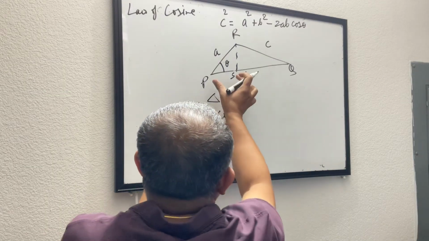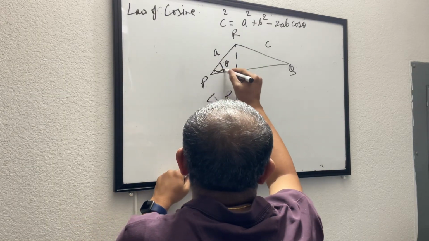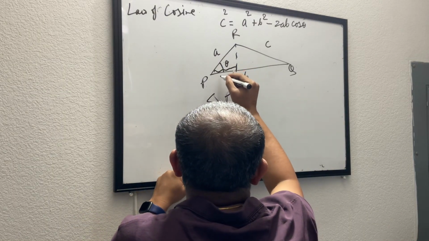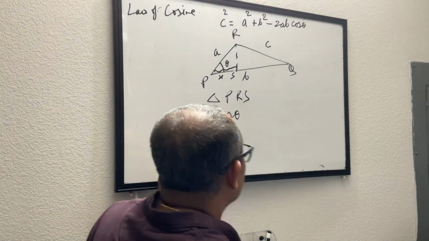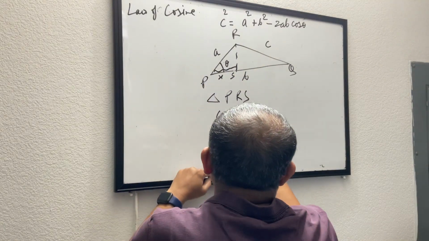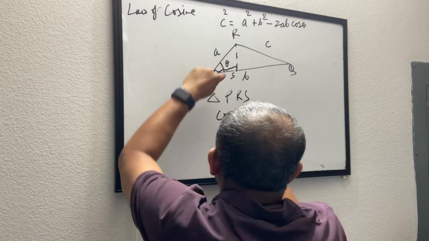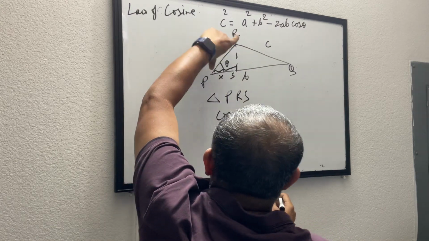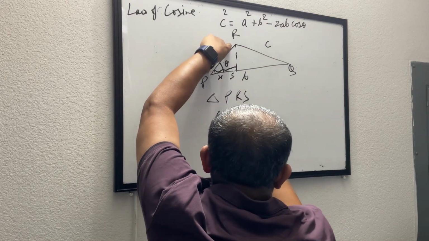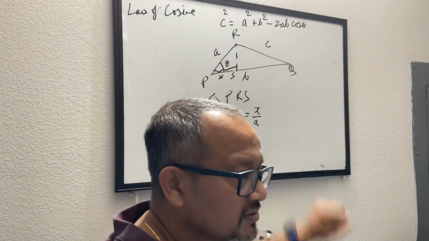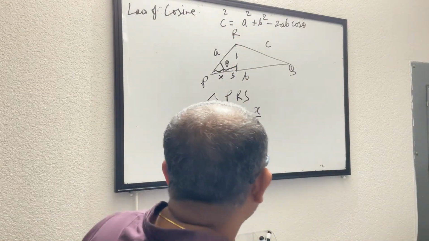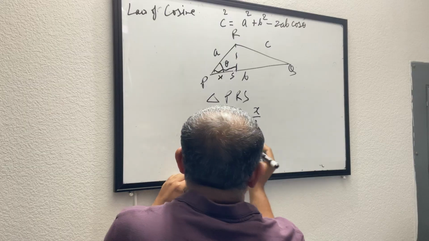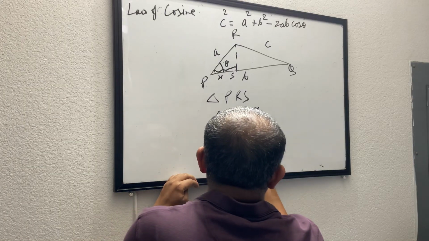So let's say this length, from here to here, is x. So cos of theta equals x divided by a. So far okay? Or x equals a cos theta.